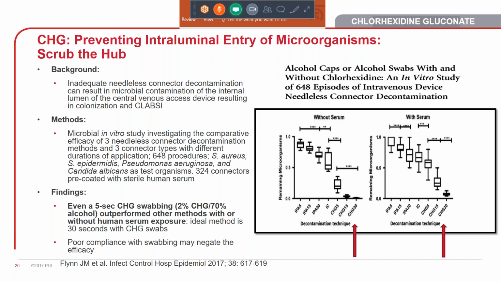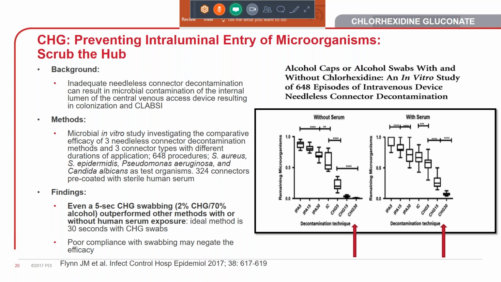And I think it's very clear here that even with a 5-second chlorhexidine swabbing, which would be the 2% chlorhexidine, 70% alcohol, this particular decontamination technique outperformed other methods with or without human serum exposure. They did cite that the ideal method would be 30 seconds with the chlorhexidine swabs.